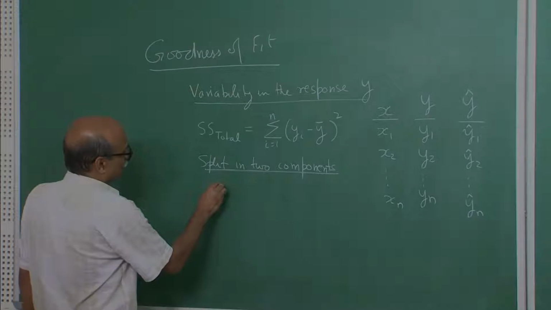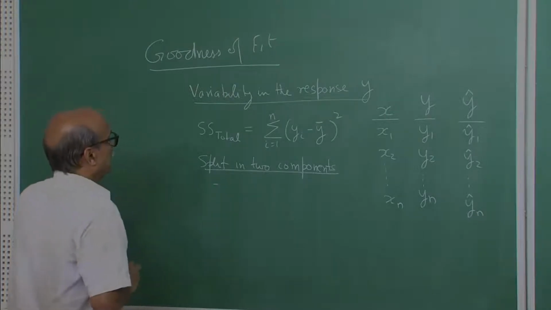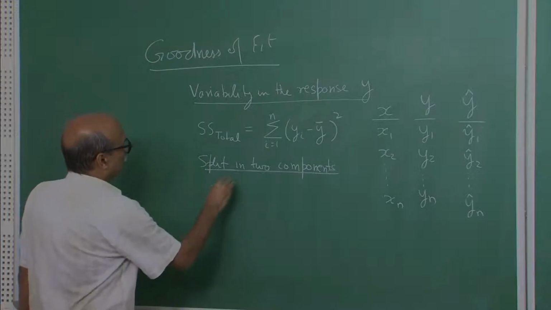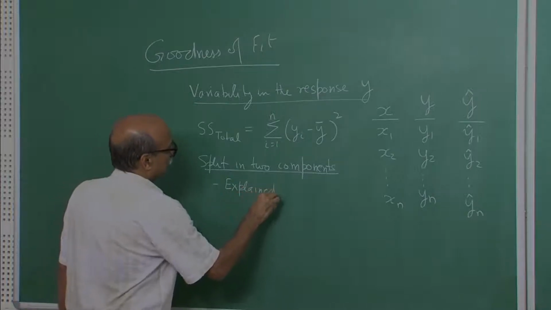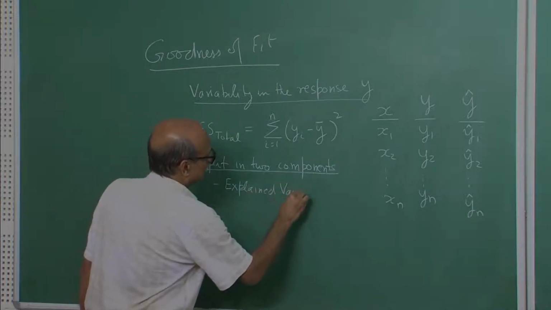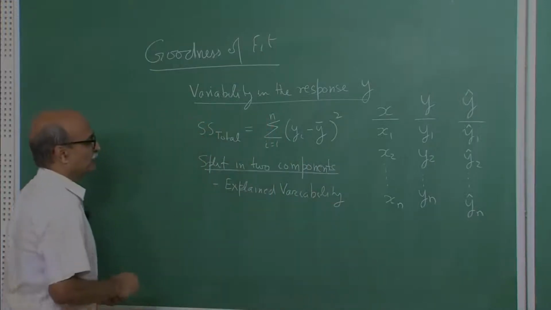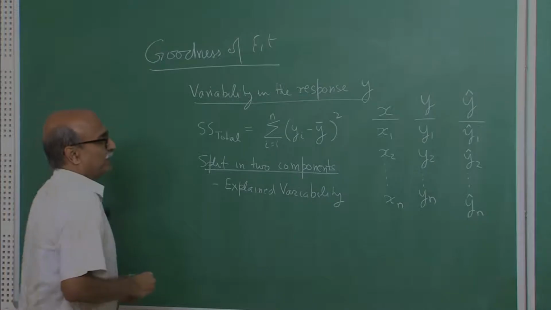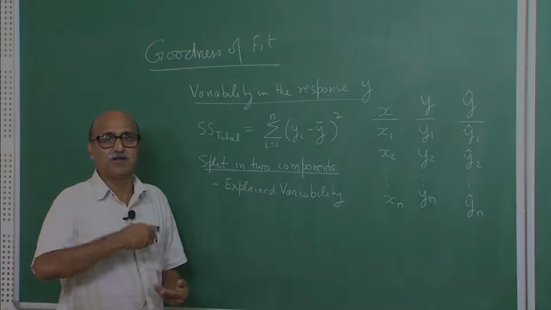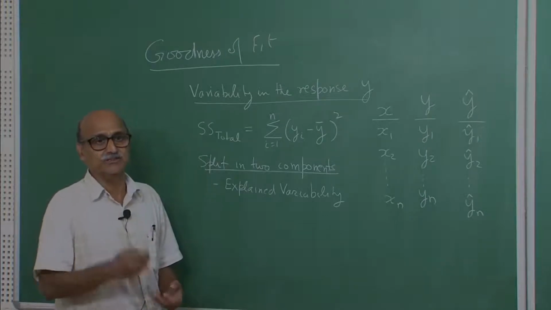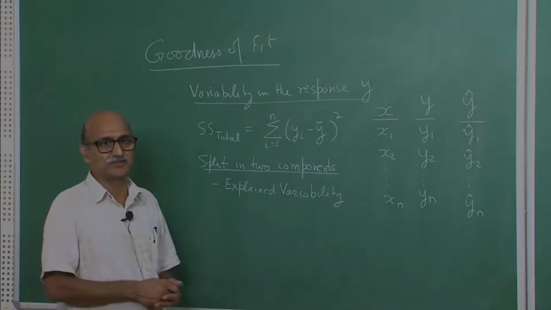Well, the first one is what we can call the explained variability. And what is this explained variability? As our independent variable x changes, our response y also changes. That is as per the model, as per the linear relationship.